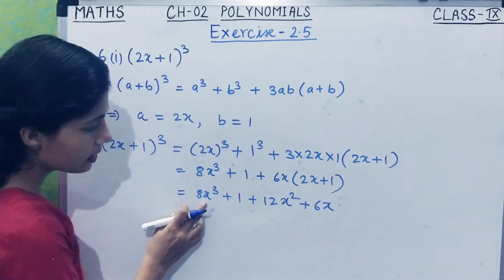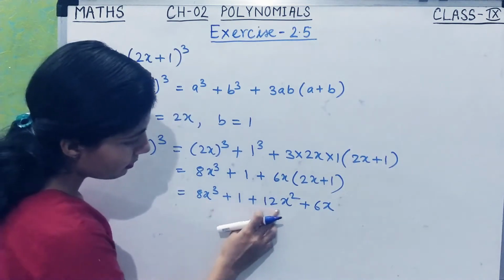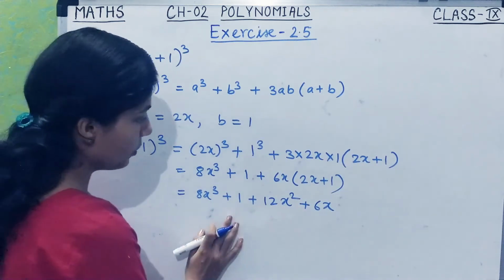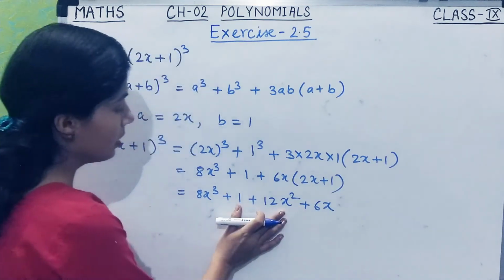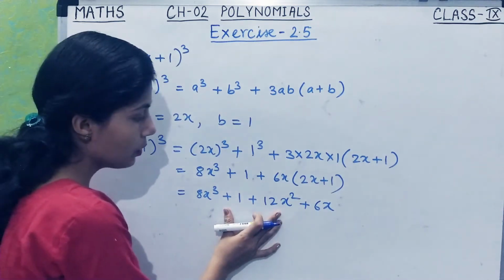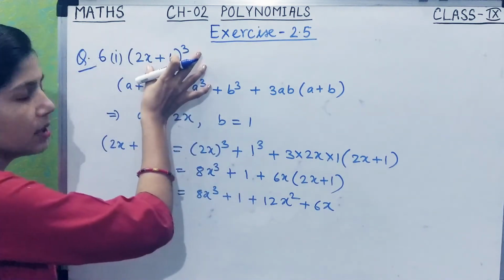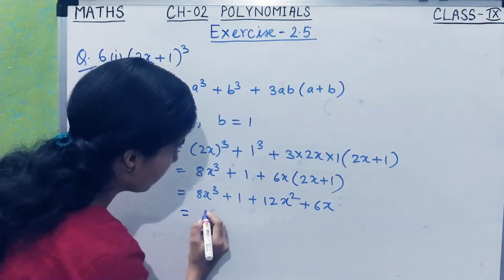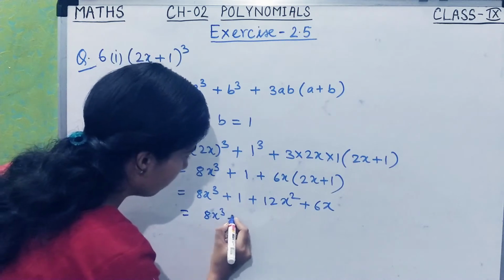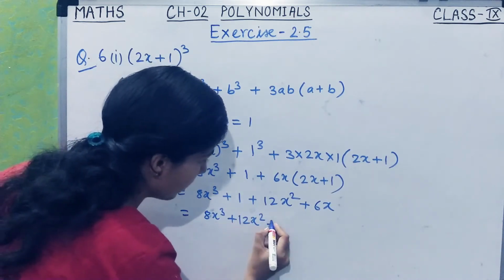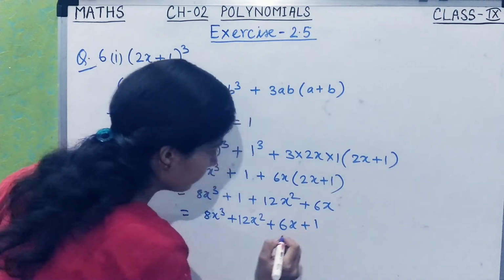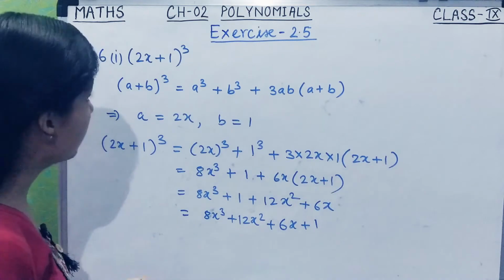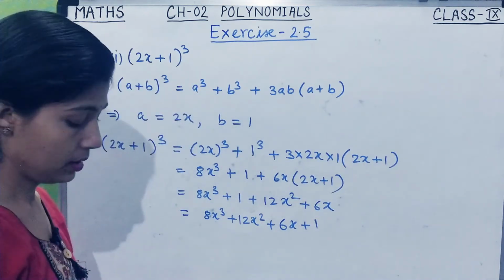Now you can see each term is different, these are all unlike terms, so we have to leave them as they are. This is the expanded form of this cube, or you can write it in decreasing power: 8x cube plus 12x square plus 6x plus 1. This way we find the cube of this expression using this identity.